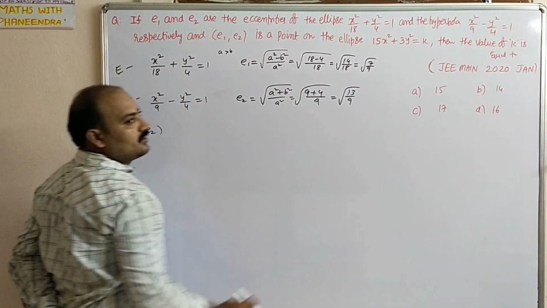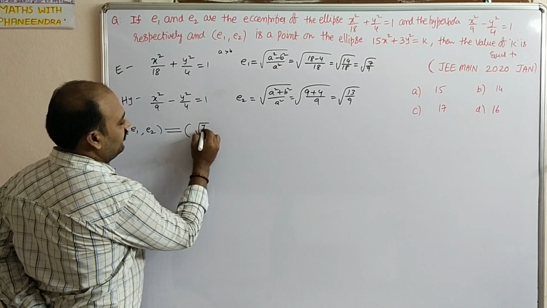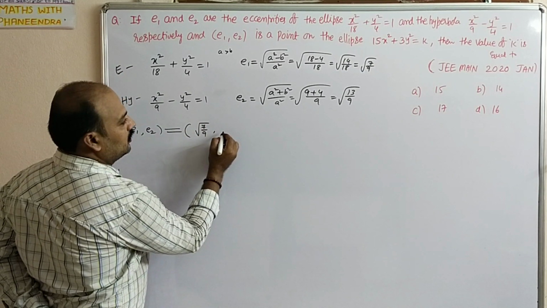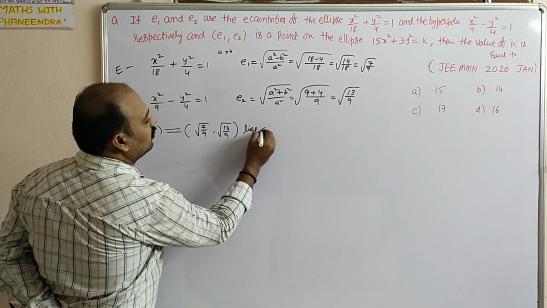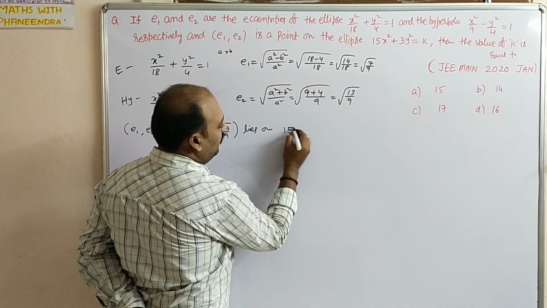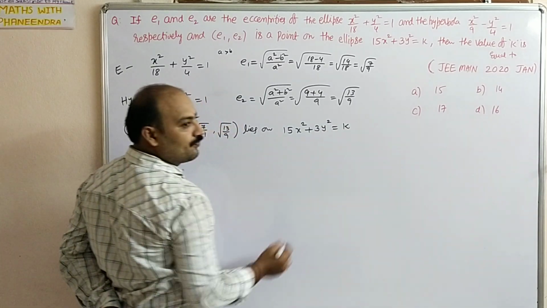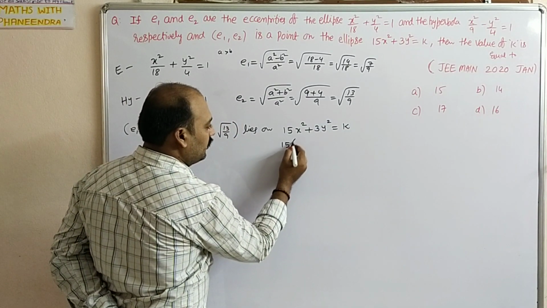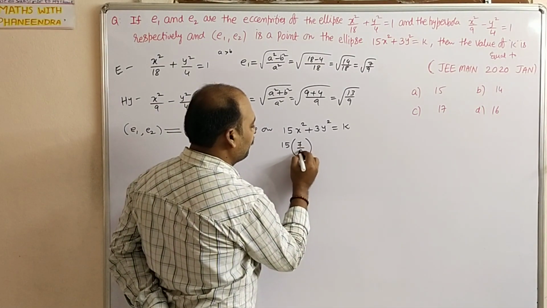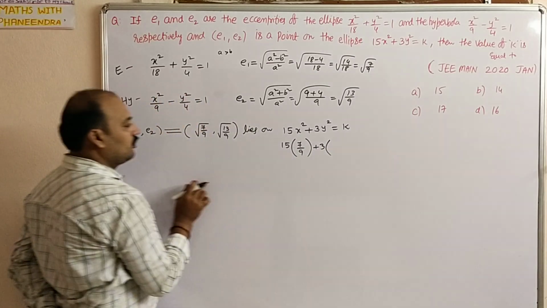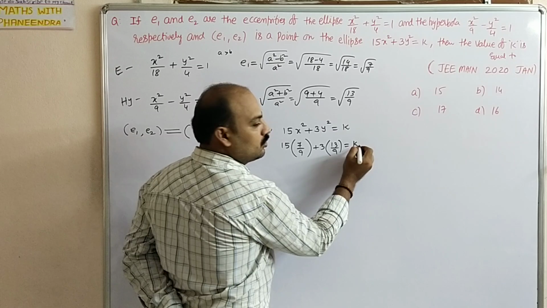(E1, E2) lies on which ellipse equation? That is, (root over 7 by 9, root over 13 by 9) lies on 15x² plus 3y² is equal to k. So 15 into x², this value whole square, root 7 by 9 whole square, plus 3 into 13 by 9 is equal to k.